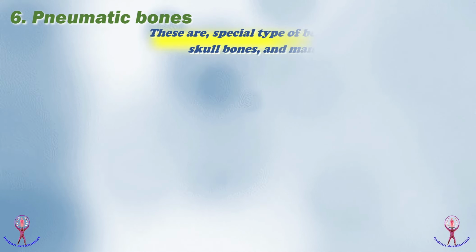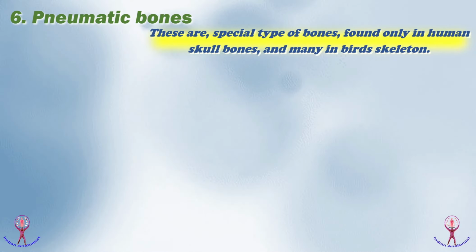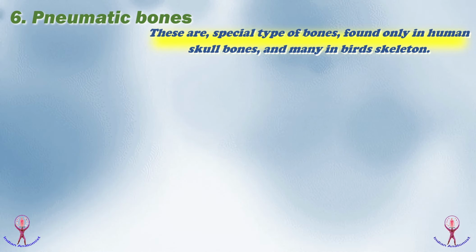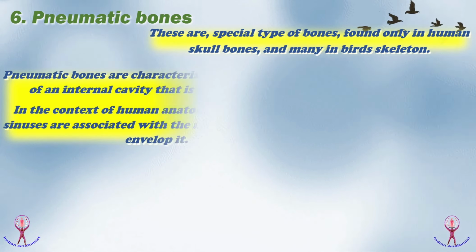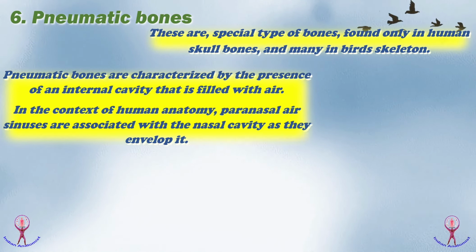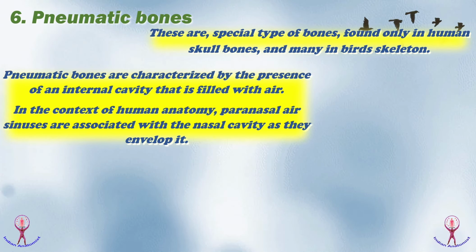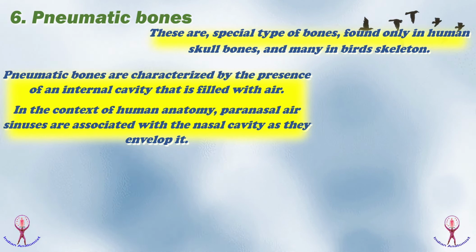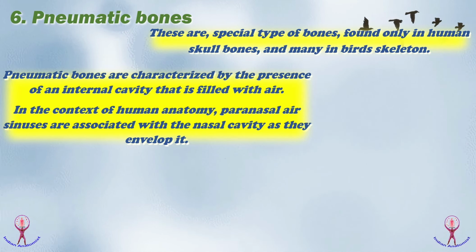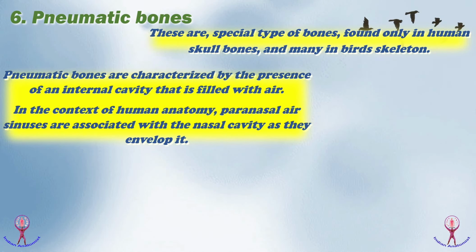These are a special type of bones, found only in human skull bones, and many in the bird skeleton. Pneumatic bones are characterized by the presence of an internal cavity that is filled with air. In human anatomy, these bones form the paranasal air sinuses, which are associated with the nasal cavity as they envelop it.